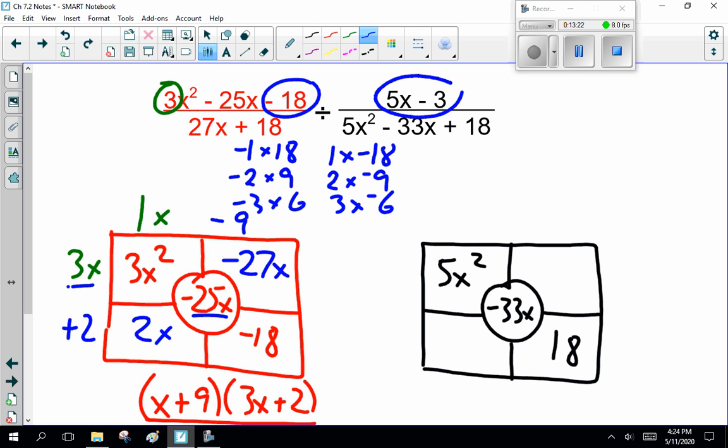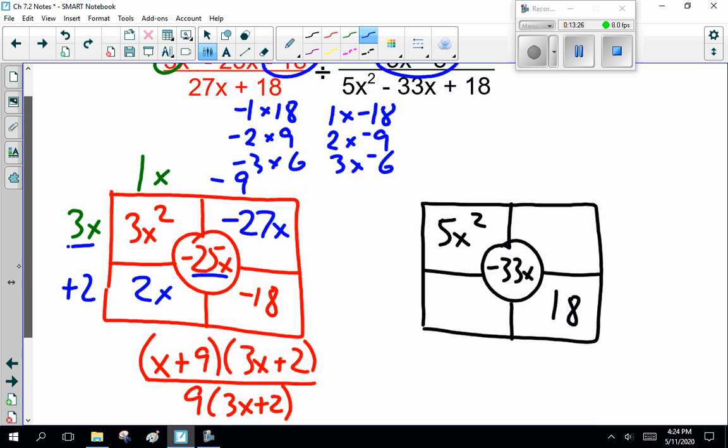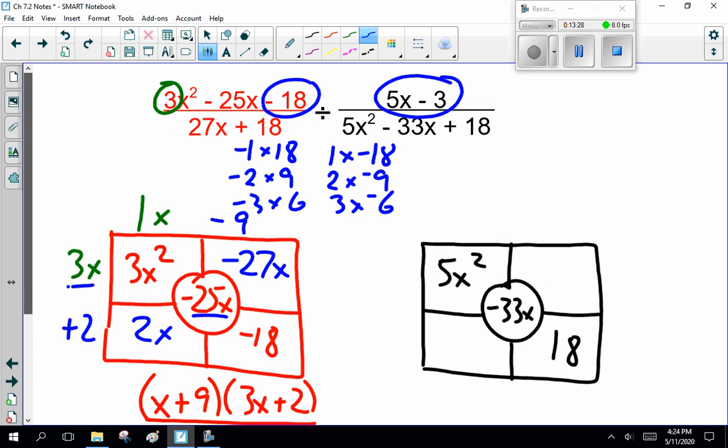Well, 5x minus 3. It doesn't seem to show up in the other one. So let's just try. Now, I will say 5x squared is 5x and 1x. So let's try a minus 3. Now, minus 3 times what gives you plus 18? Minus 6. So it's minus 30x minus 3. Ooh, almost like I know what I'm doing.